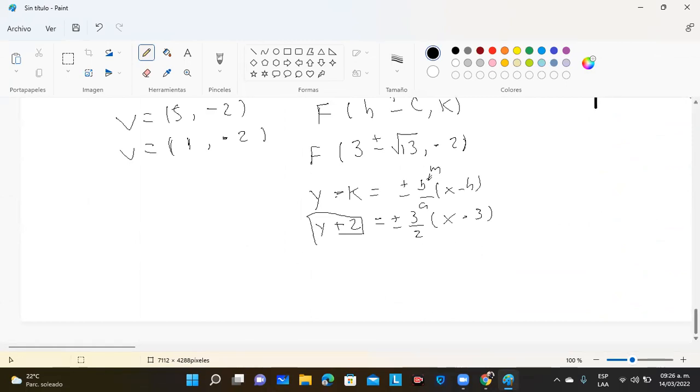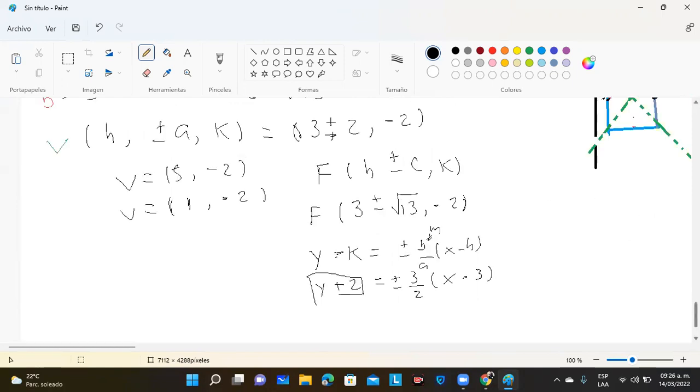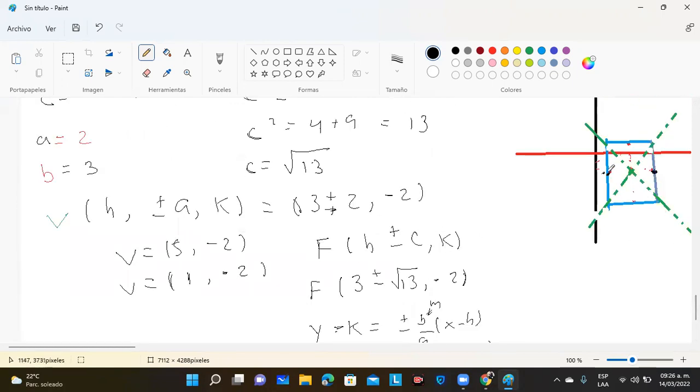So now that we have the vertices, we create the rectangle and we can draw the asymptotes. We can draw the hyperbola very near to the asymptote. So let's draw this correctly. We are going to have something like this.